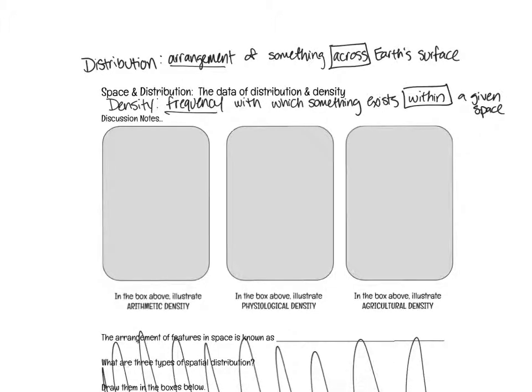Okay, so there's a little bit of a difference there. The distribution is kind of like the full big picture, and then density shows you the closer up frequency of a certain space. Okay?